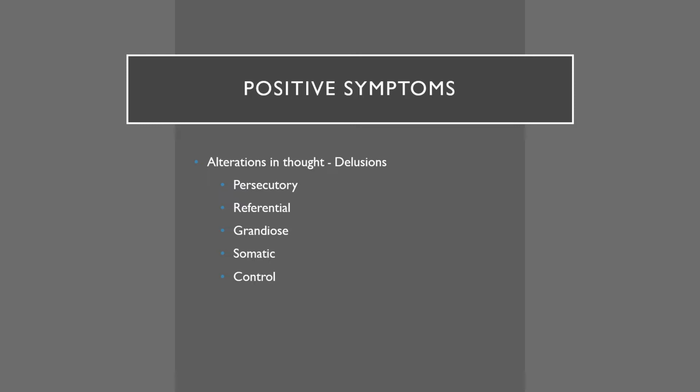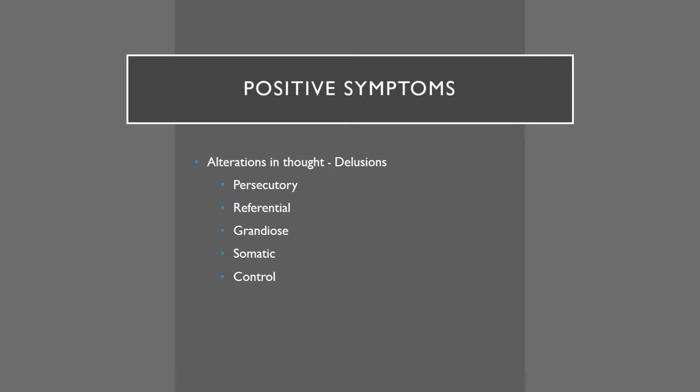The alteration in thought or delusions, remember these are false, fixed beliefs that cannot be corrected by reasoning, and they are usually very bizarre. If we're talking about persecutory delusions, that usually entails that they believe that there is someone out there that is singling them out for harm. Referential delusions is a belief that an event or a circumstance that really has no connection to them is somehow related to them.